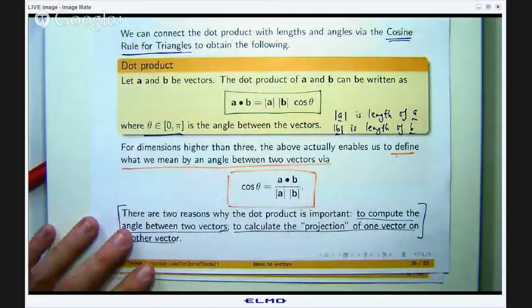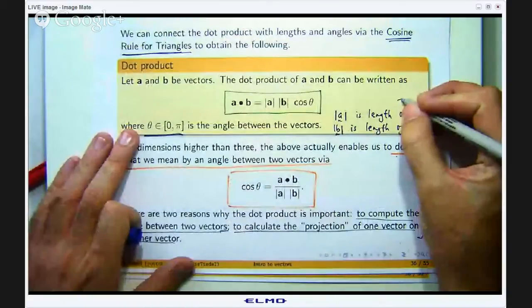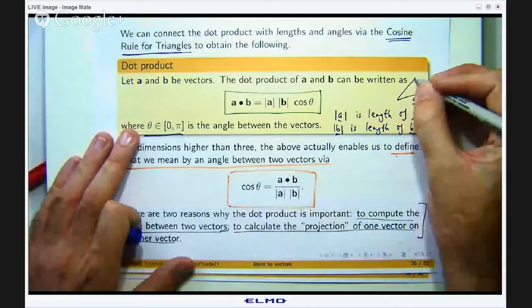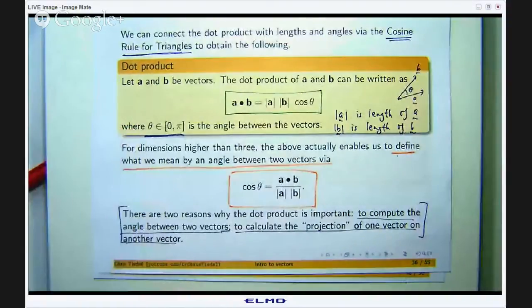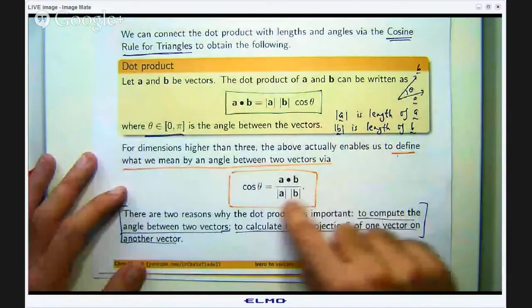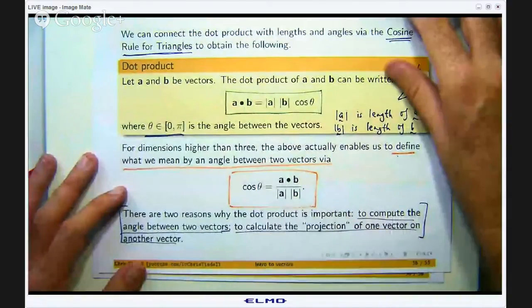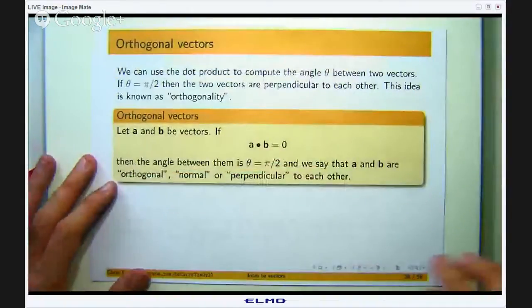So you might have, say, a vector A here and a vector B there, and theta is the angle between them.